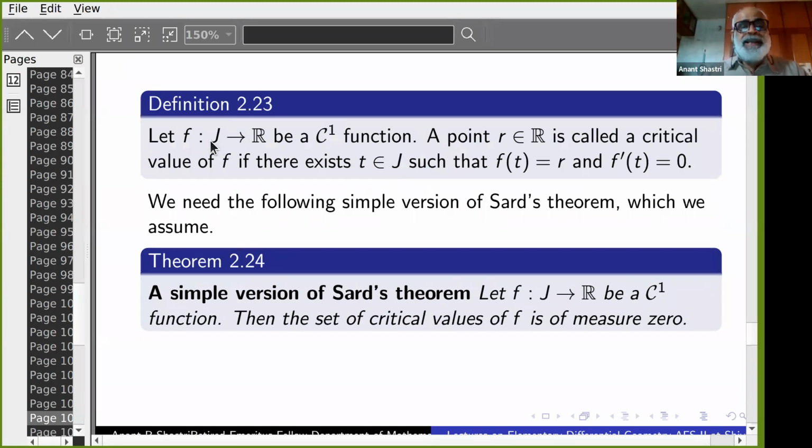Now here is another definition, which again I assume that you know, but I am recalling. Take any continuous function, actually a C1 function, defined on an open interval J into R, real valued smooth function.